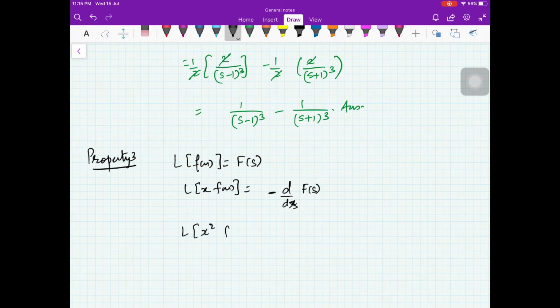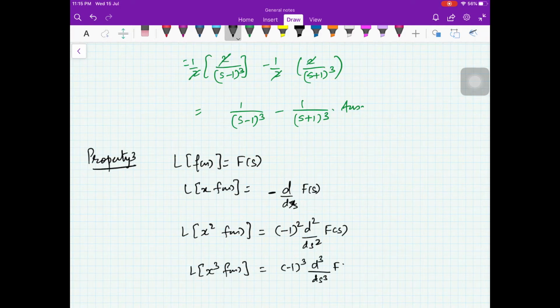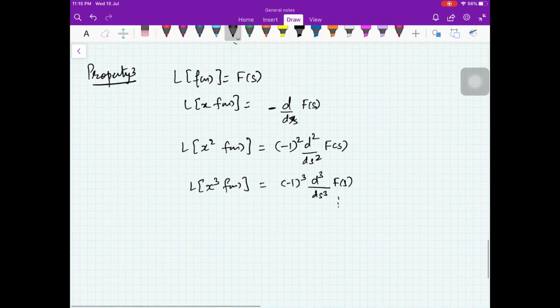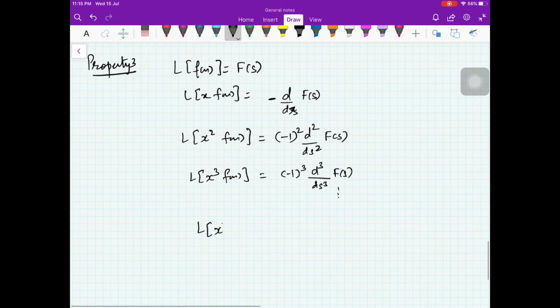If you are multiplying with x square, then you will get minus 1 square d2 by ds2 f of s, and if you are multiplying with x cube, you will get minus 1 cube d cube by ds cube f of s, and so on, right? In general, if you are multiplying with x raised to power n f of x, this will be minus 1 raised to power n d n by ds n f of s, right?